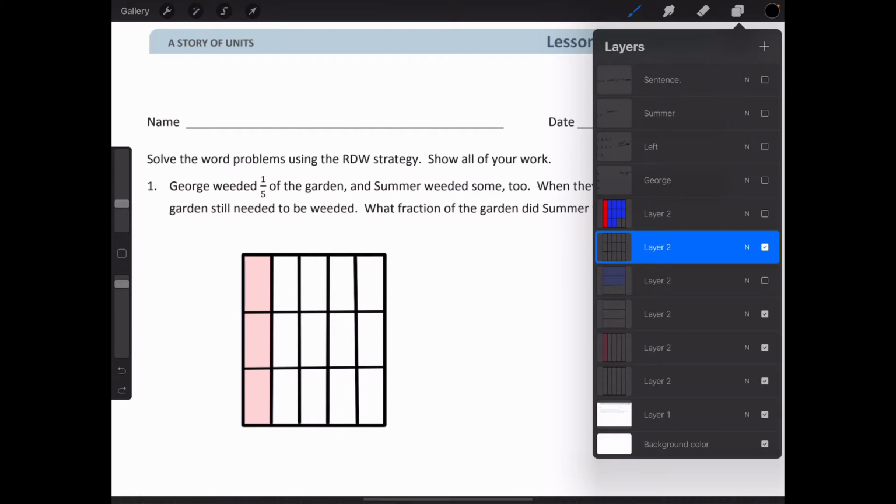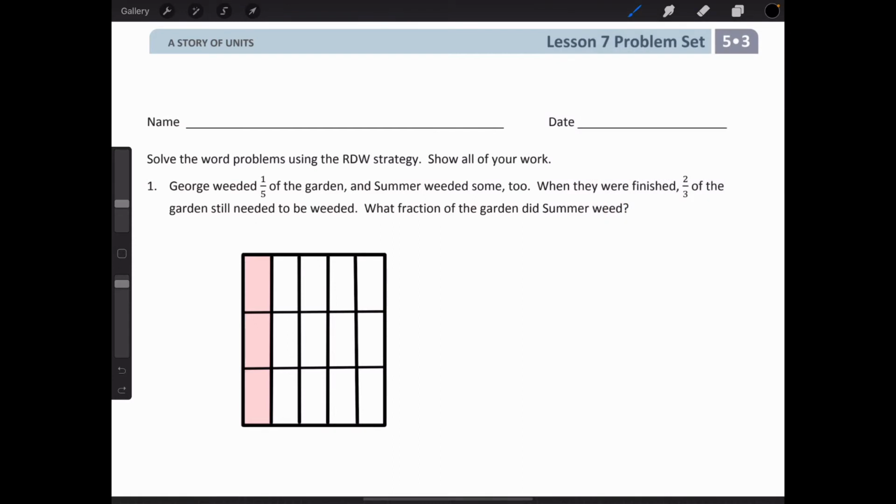We can see that there's 1, 2, 3 15ths that equals 1/5. So 1/5 equals 3 15ths.